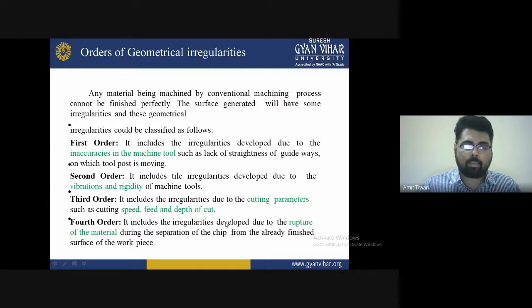So these four types of irregularities are present, or we can say the orders of geometrical irregularity. First, inaccuracy in the machine tool. Second, vibration and rigidity. Third, the cutting parameters. Fourth, the rupture of the material.